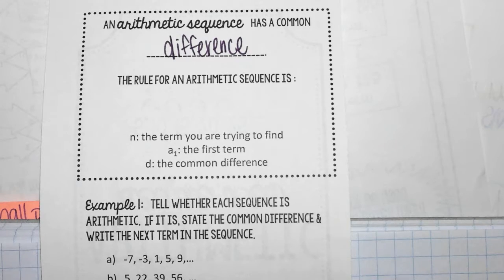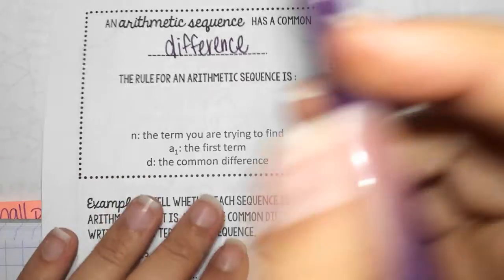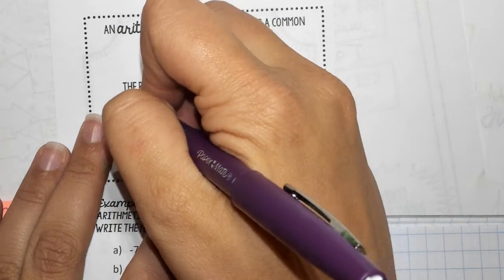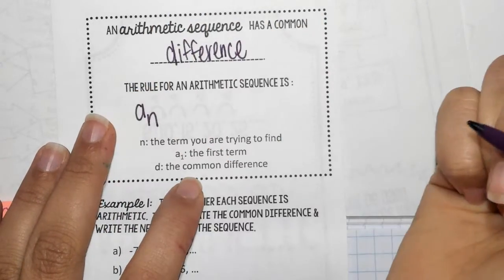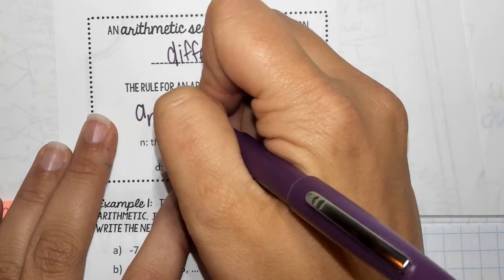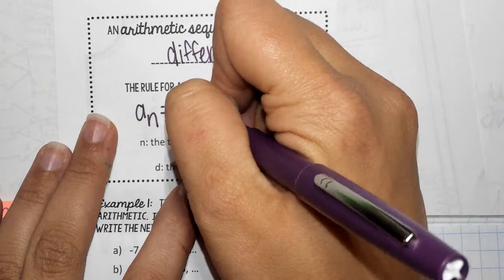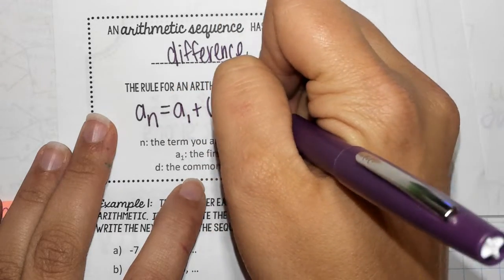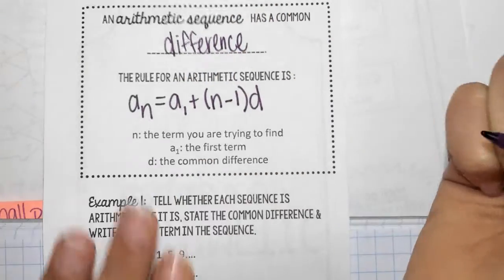Now you have a rule for an arithmetic sequence that we're going to use to find our terms. You write it as A sub n, sub means that it's below, equals A sub 1 plus n minus 1 times d.